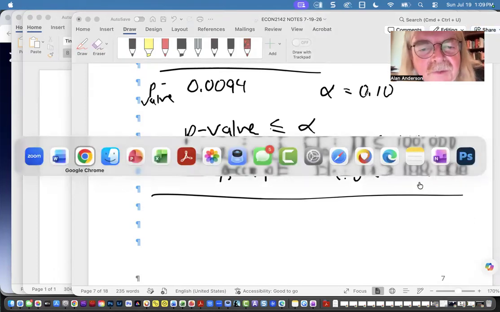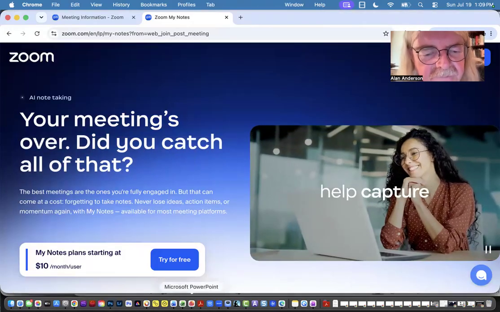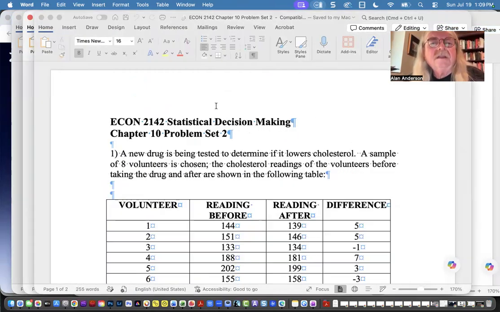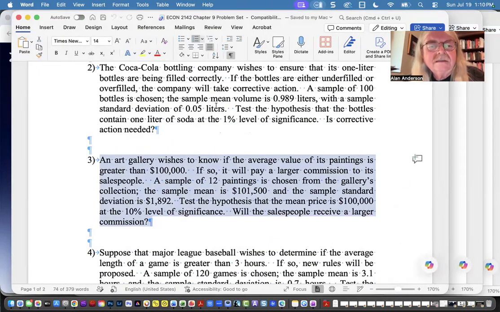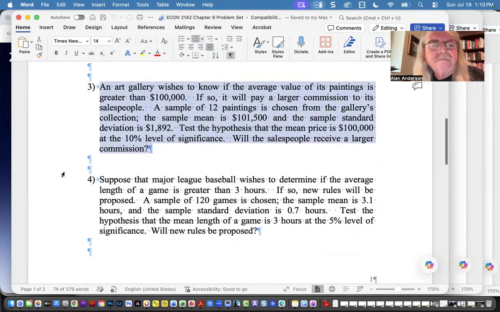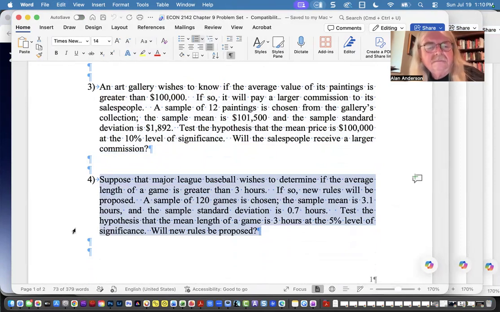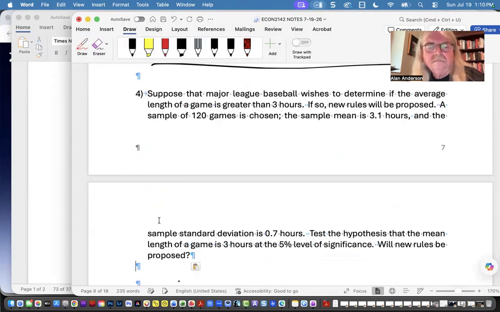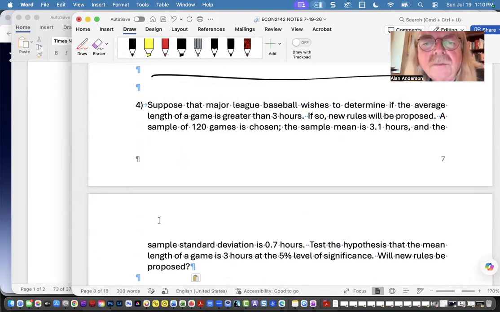All right. And now we have number 4. Oh, not that one. Here we go. So Major League Baseball wishes to determine if the average length of a game is greater than 3 hours.